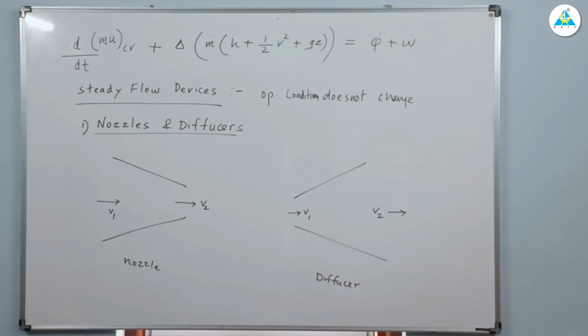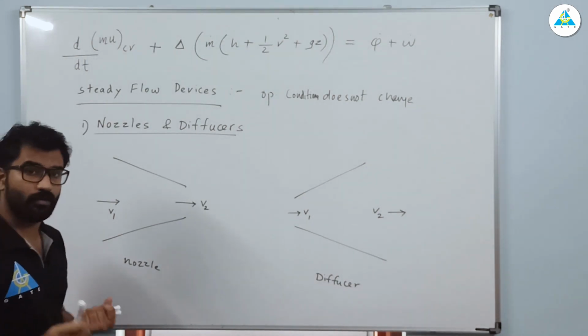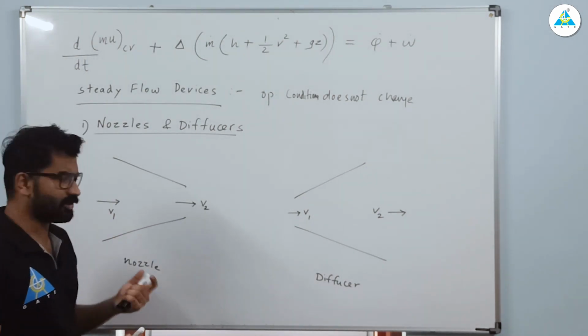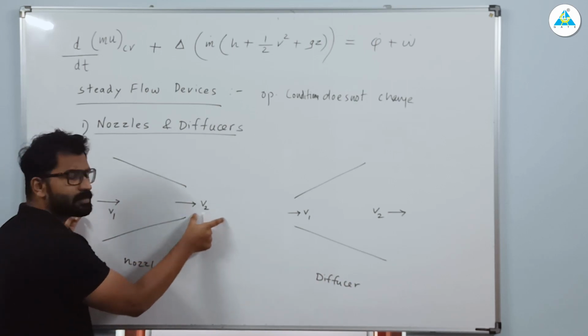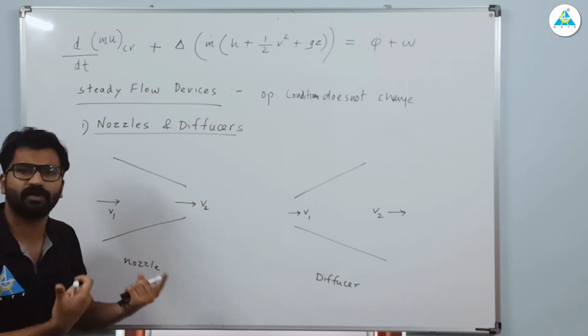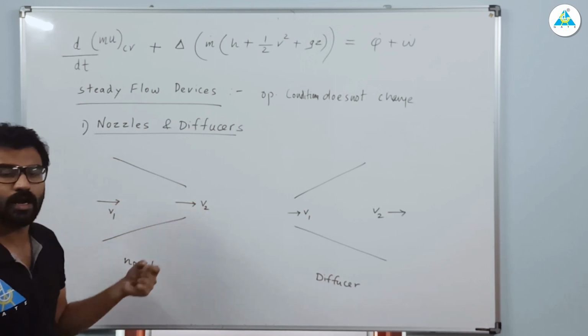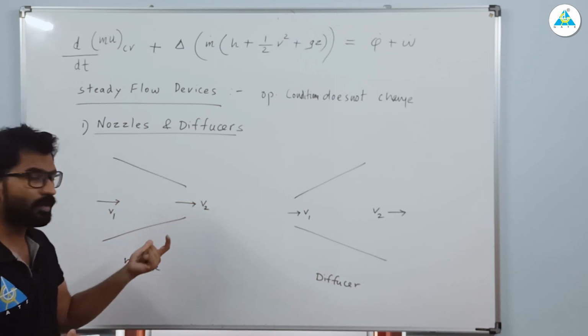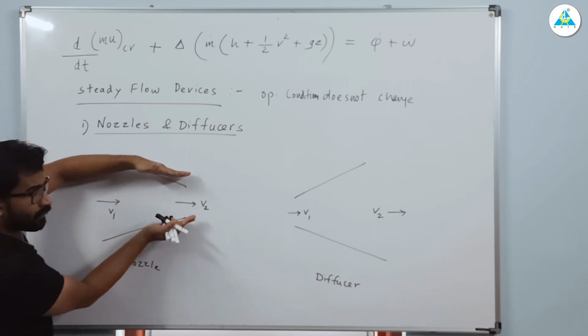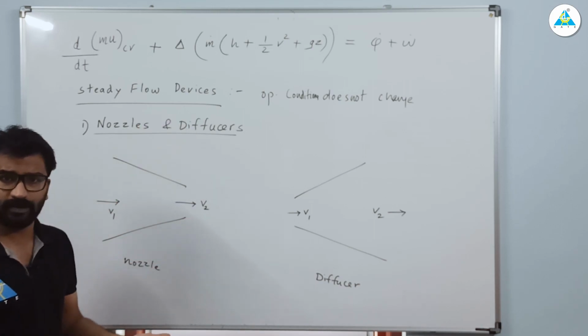Clear? So nozzle and diffuser, we can say a nozzle is a device that increases the velocity, right? If you want the definition, a nozzle is a device which increases the velocity at the expense of pressure. Why is the velocity increased? Because the area is decreasing, so obviously the velocity will increase. Okay?